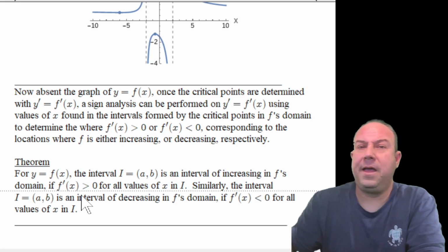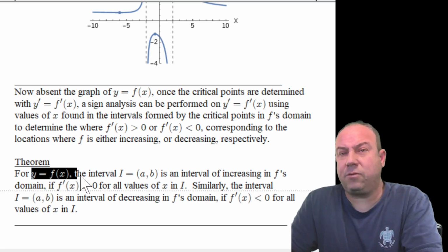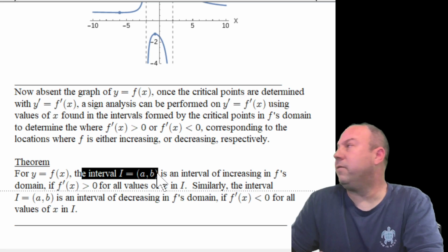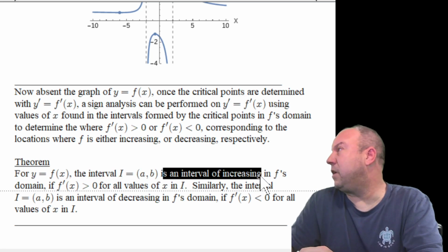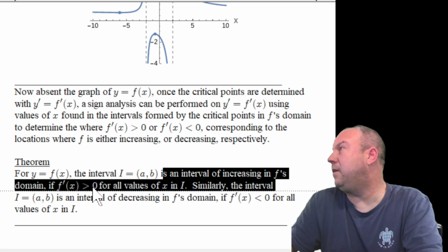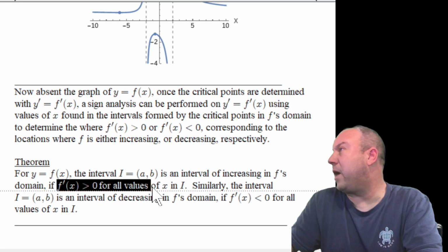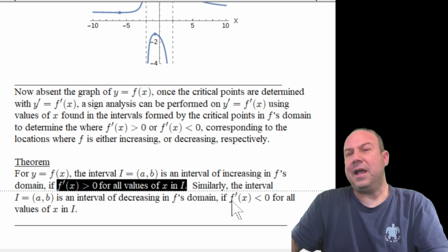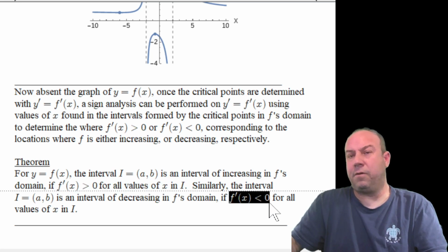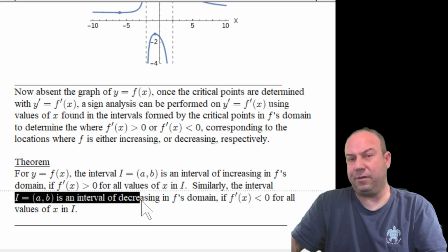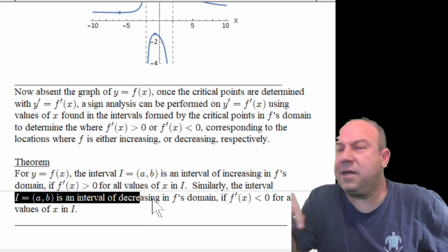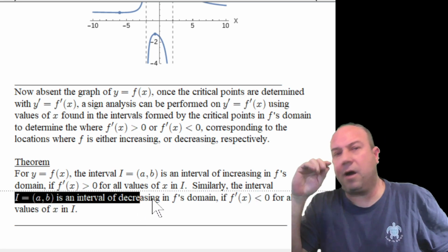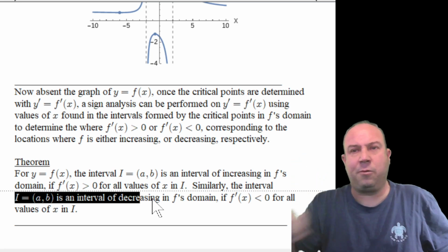All right? For some function y equals f of x, the interval I from a to b is an interval of increasing behavior in f's domain if f prime of x is greater than 0 for all x in I. And similarly, if it's less than 0 for all x in I, it is an interval of decreasing behavior. And with respect to intervals of increasing and decreasing, they are open intervals in that domain.